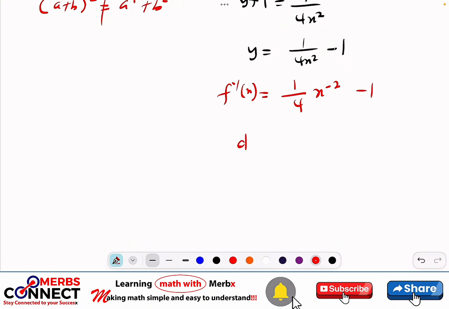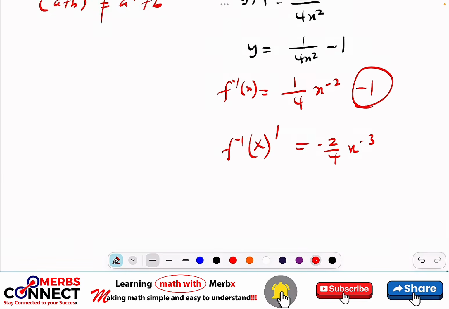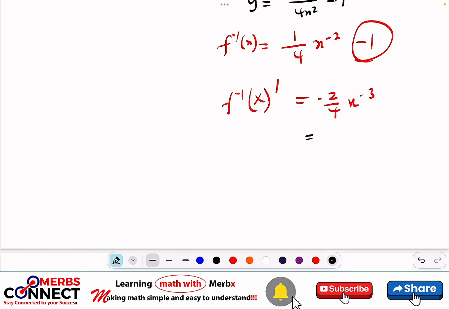Now don't forget this is the inverse of x. So now we want to differentiate the inverse. So inverse of x prime, the derivative of the constant is going to be 0. So now minus 2 drops down, minus 2 divided by 4 x to the power minus 3. So this is going to be minus 1 over 2 times, this is the same as 1 over x to the power 3.